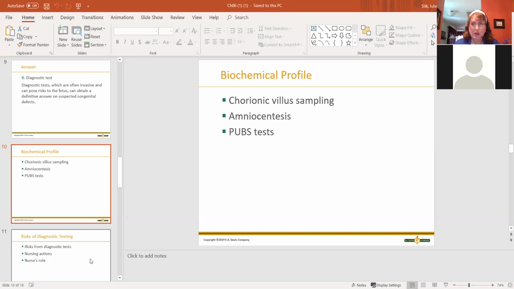The thing with this one, though, is it can't be done as early as the chorionic villus sampling. You have to be about 15 to 20 weeks gestation to do this. Now, they do this under ultrasound guidance because, again, they take a needle and they go through your abdominal cavity, so you have to make sure you're in the right place.